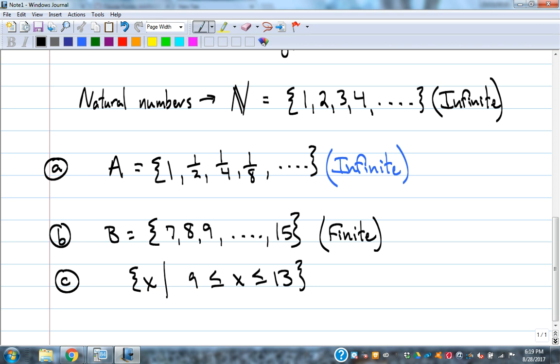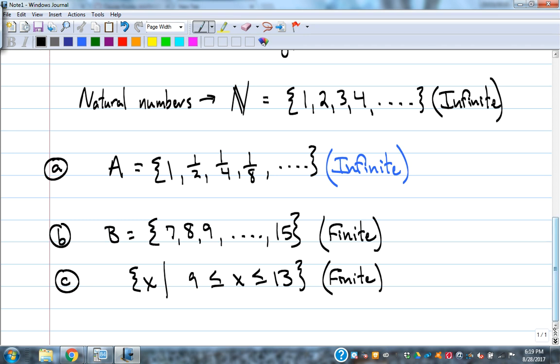That's exactly what it's saying: it's all the X's that are between 9 and 13. Would that be a finite or an infinite set? Finite. We've got an ending place and a beginning place, right? So that's what indicates finite on that one.